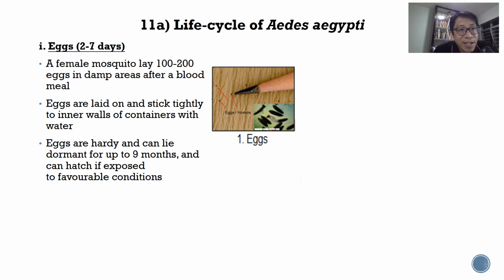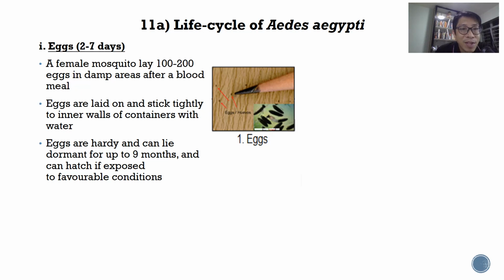They would lay eggs usually in an urban environment, where they will lay eggs on the inner walls of water containers. And the eggs are very hardy. They can stay dormant for up to 9 months if the condition is not favorable.